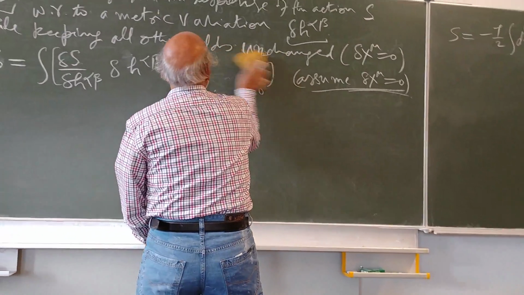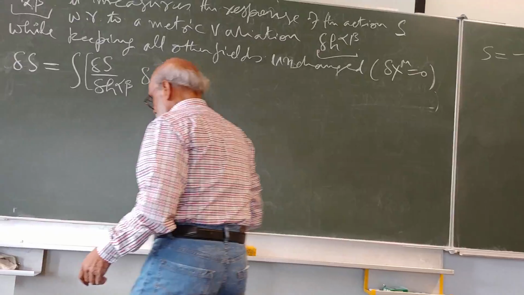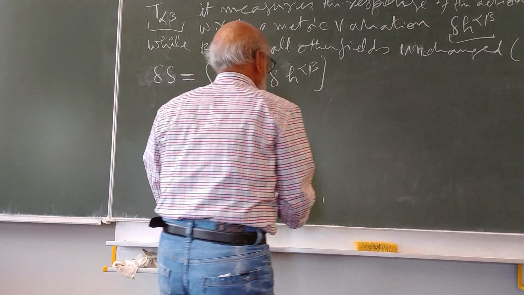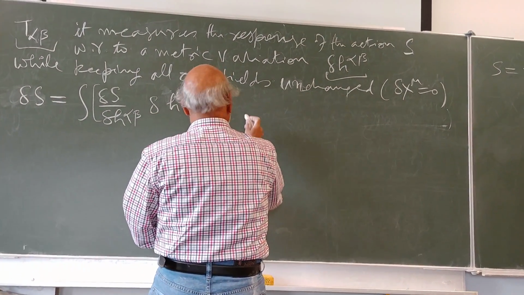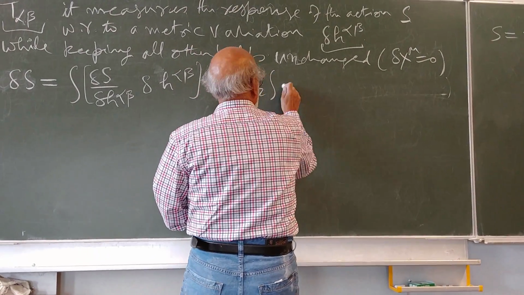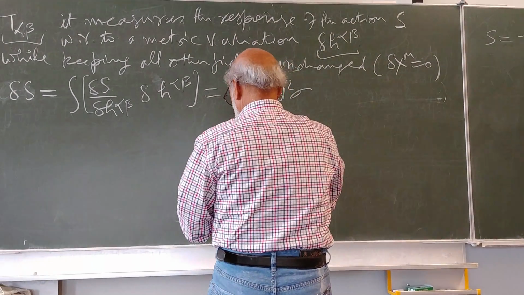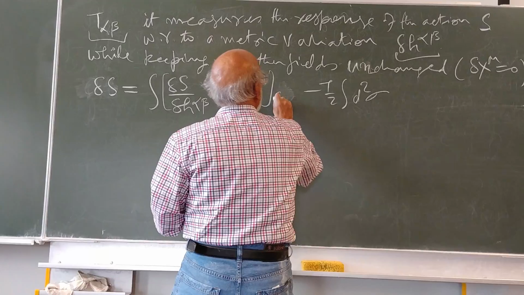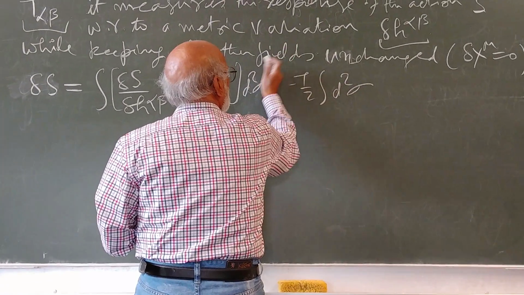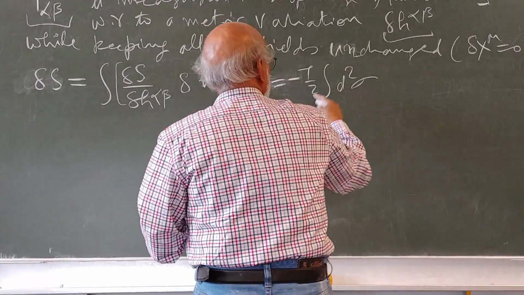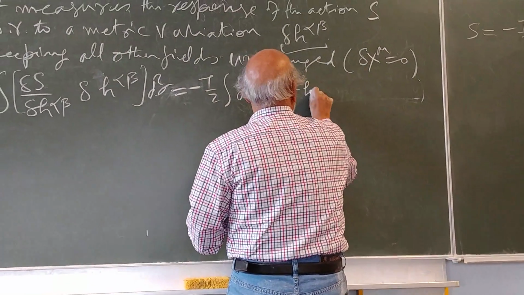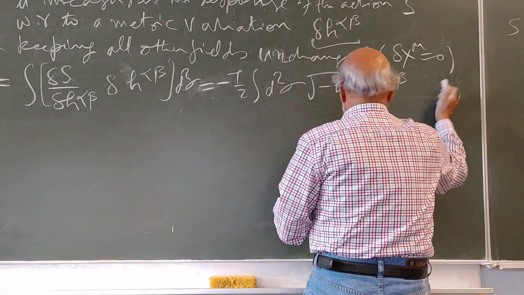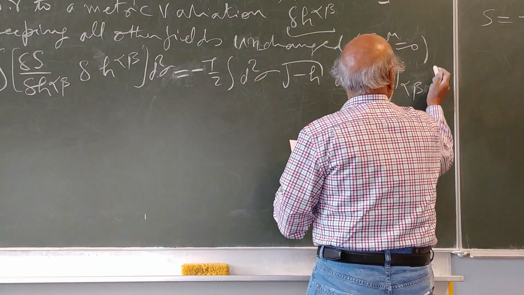So I can even erase this, and we have this, which would then be minus T by 2, d2 sigma, square root of minus h, delta h alpha beta, T alpha beta.